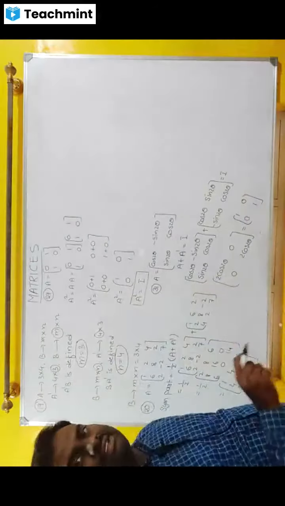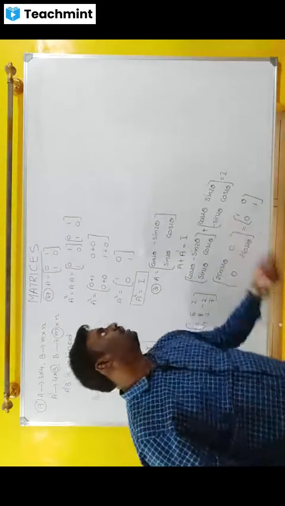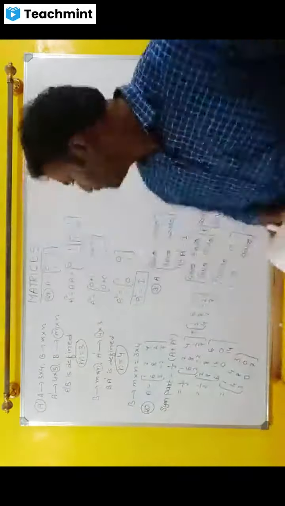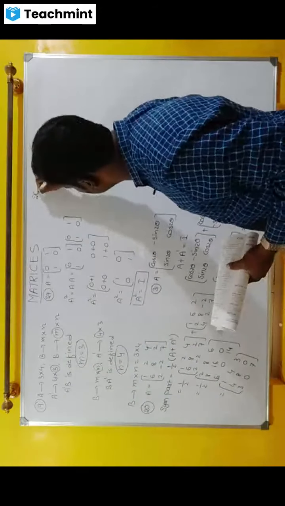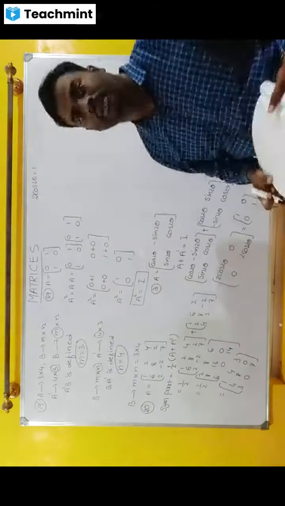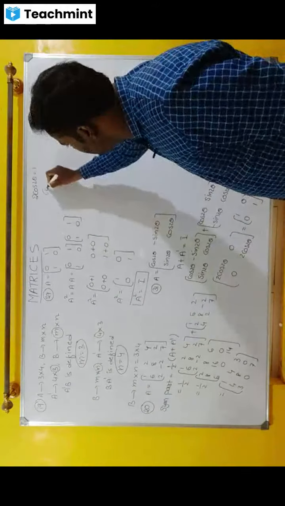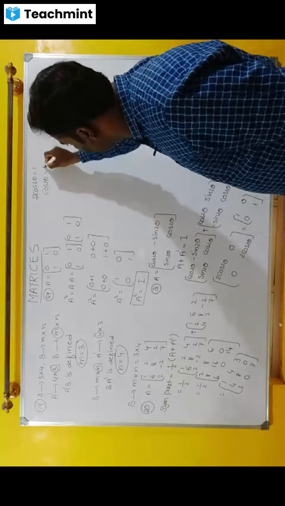Now you equate these two matrices. In place of 2 cos 2 theta, what is the value? 1 will be there. Then 2 cos 2 theta is equal to 1. If 2 cos 2 theta equals 1, from this we can write cos 2 theta is 1 by 2.